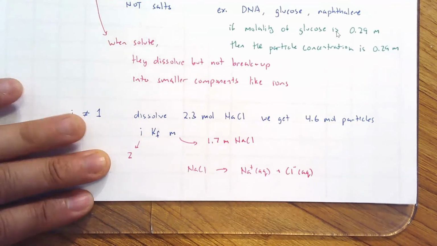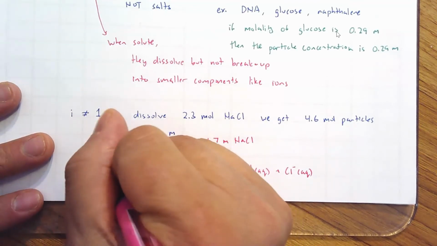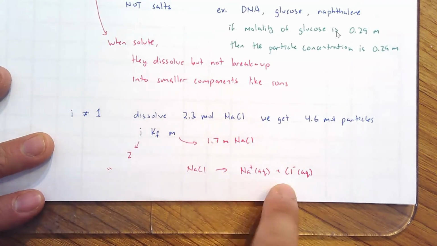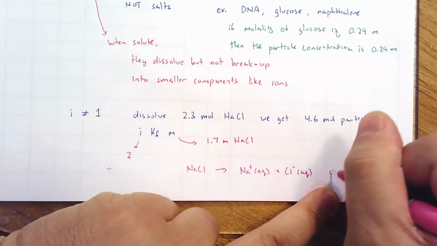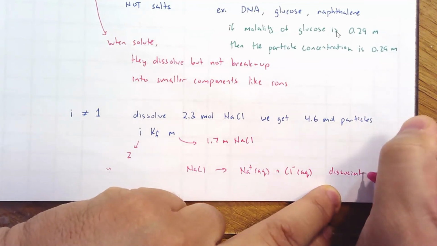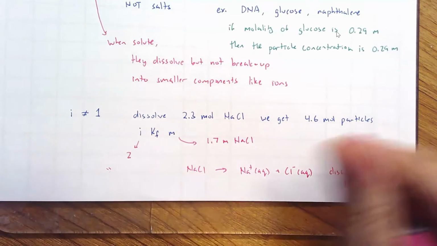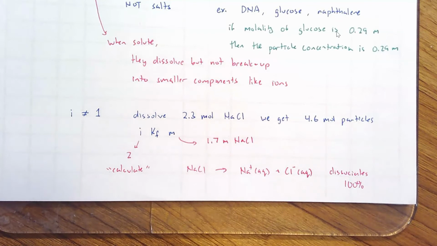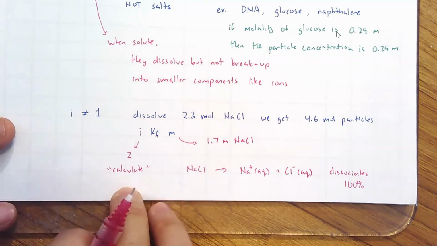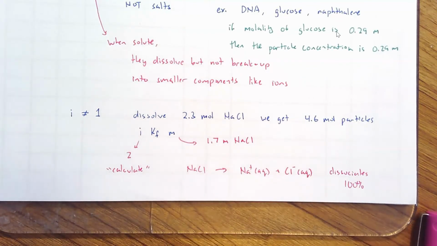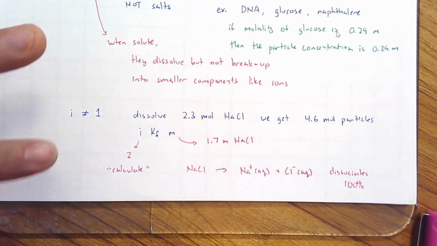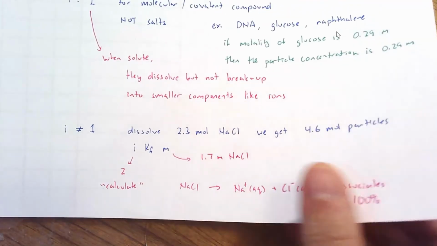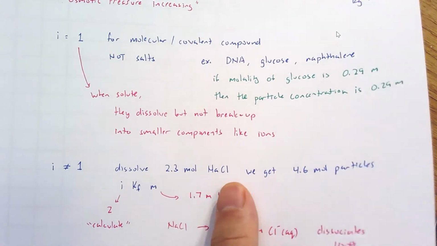Now this 2 is called calculated, because it's just coming from the idea that this dissociates 100%. But really you're just counting the ions: 2 ions per compound. So we are using this mainly when we know we get ions, and let me make that abundantly clear.